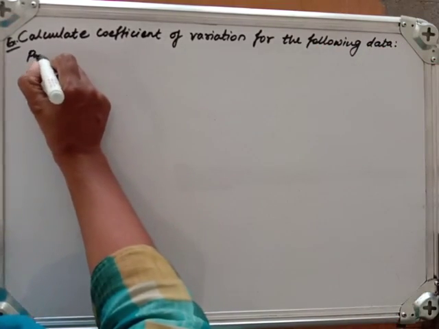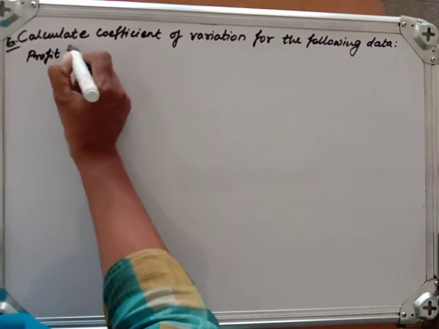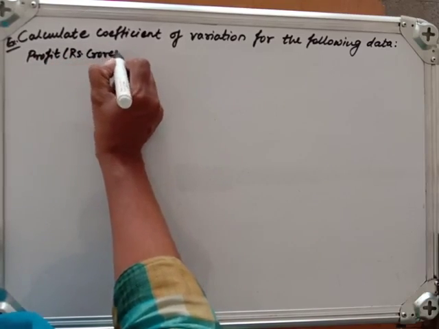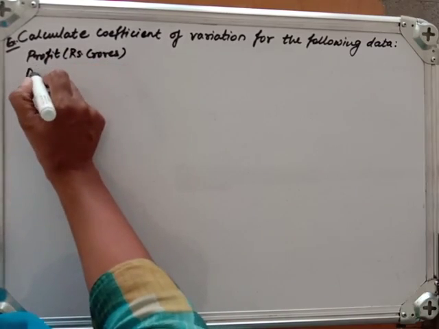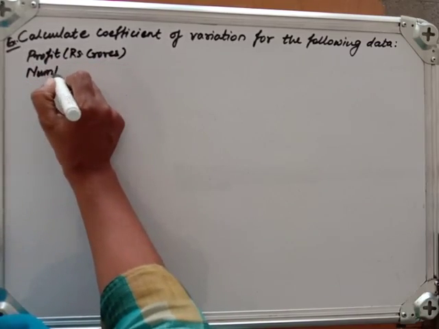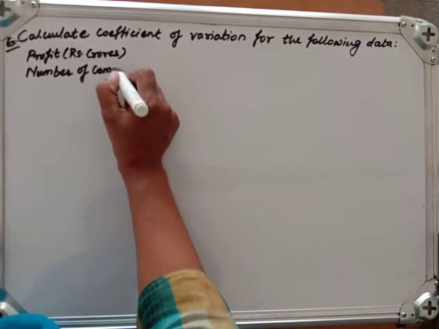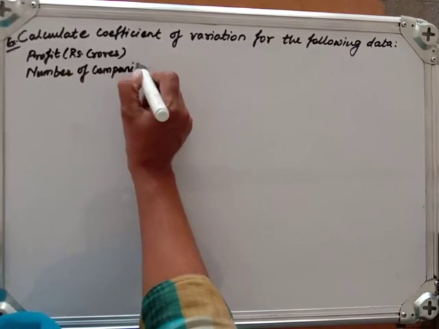Profit in rupees is given to us, in crores, and the number of companies. Number of companies means what? The frequency.